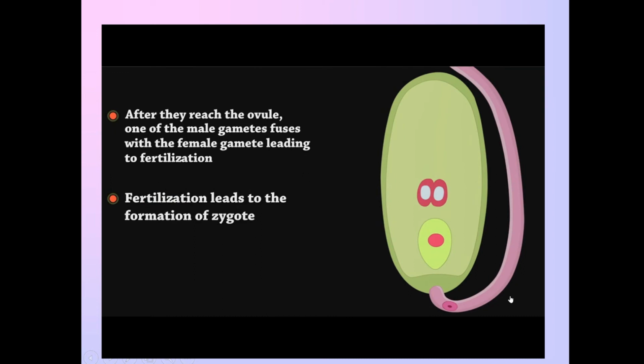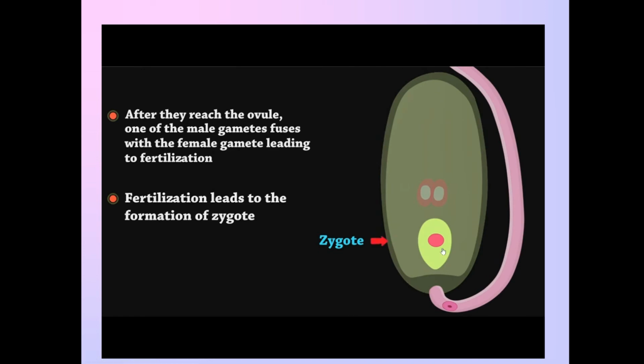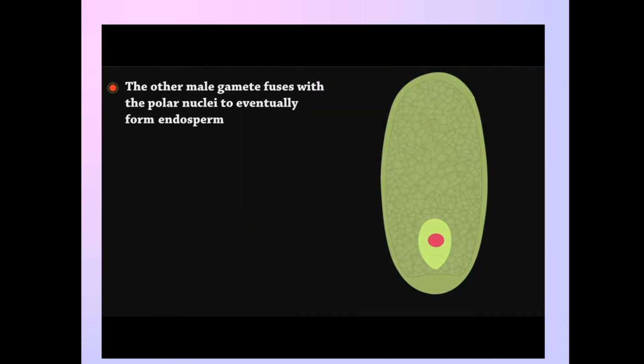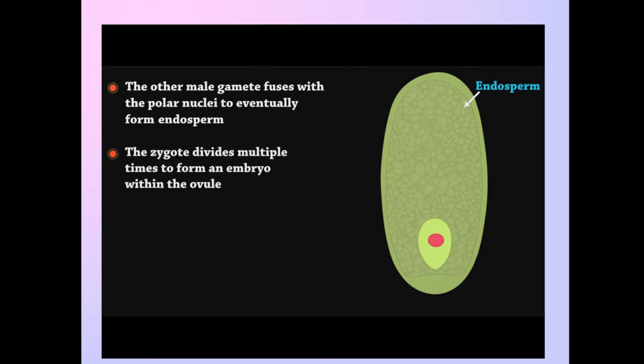Fertilization leads to the formation of the zygote. The other male gamete fuses with the polar nuclei to eventually form endosperm. The zygote divides multiple times to form an embryo within the ovule.